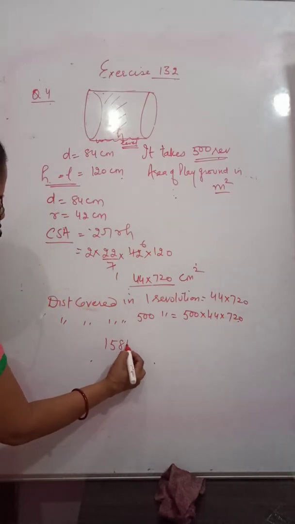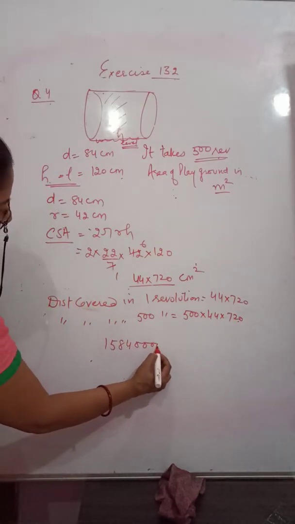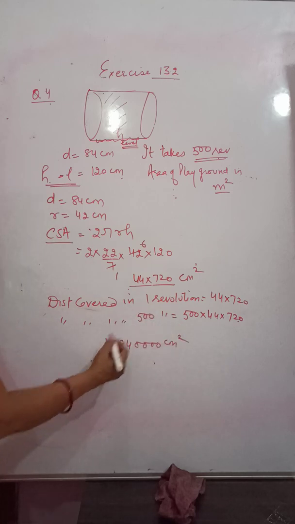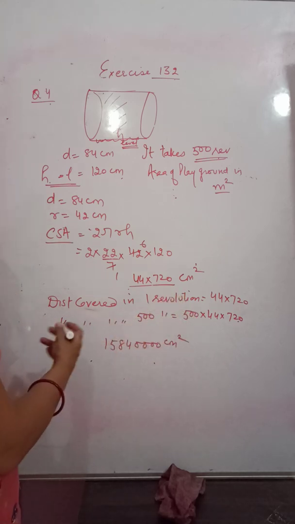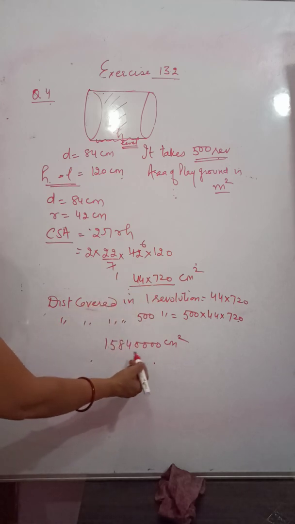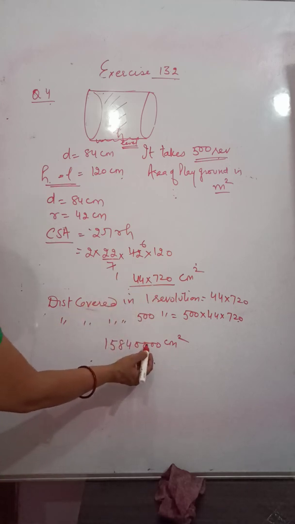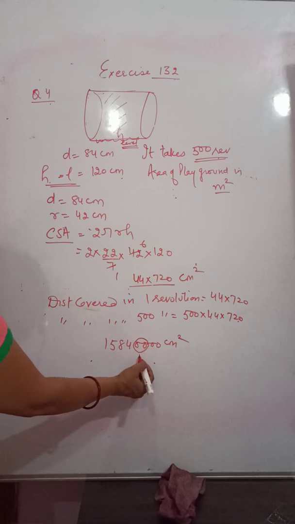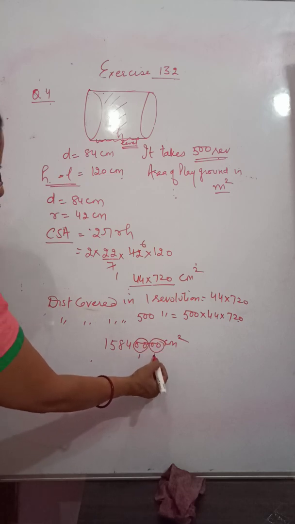This will come out to be 40 centimeter square. I am not multiplying, I am just looking at the guesswork. Okay, now we will convert it into meter. These two zeros will be converted into 1 meter and these two zeros will be converted into 1 meter.